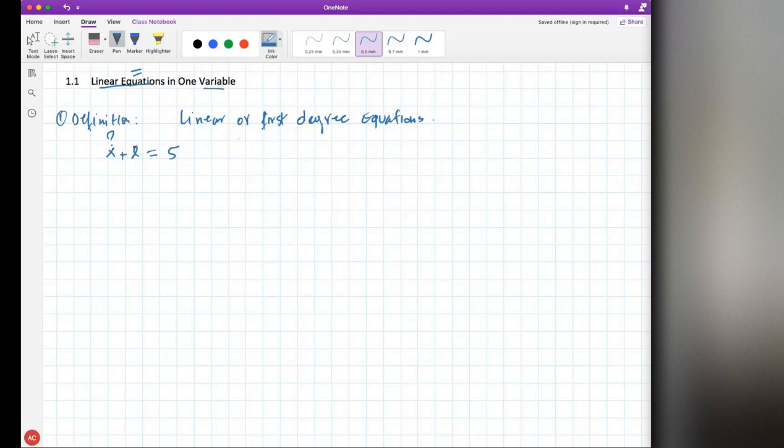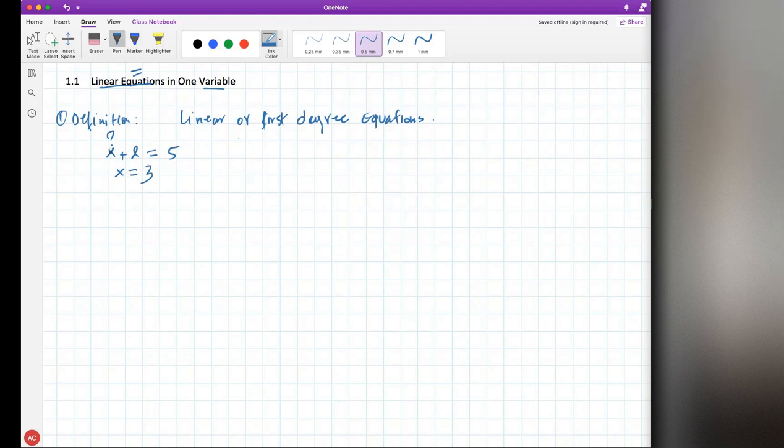So this is a very simple equation. This is a statement that says a number added to 2 is 5. What's that number? Obviously, x is equal to 3, right? So that's the solution to this equation.